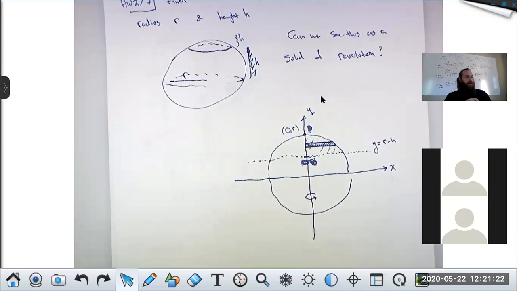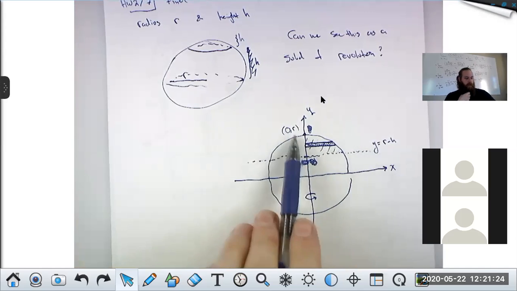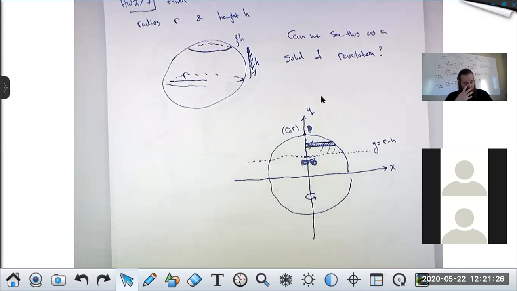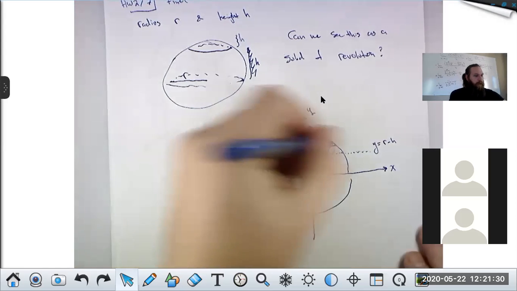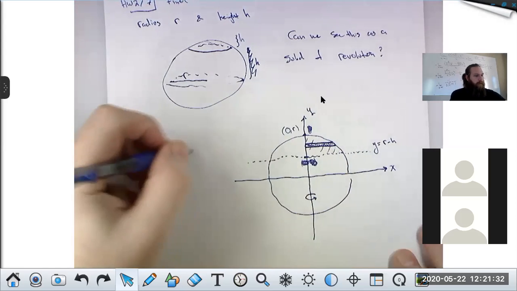So we will be integrating from y equals r minus h all the way up to y equals r. And our dV is going to come from just rotating this strip.